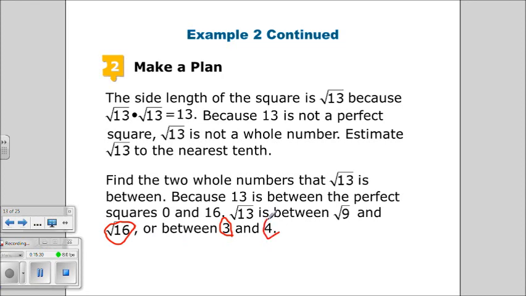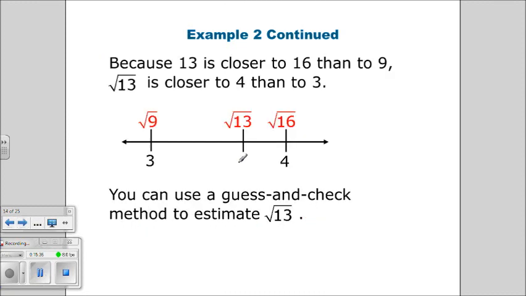So the square root of 13 is between 3 and 4. On the number line, we can say that 13 is closer to 16 than to 9. That's why the answer here says that the square root of 13 is closer to 4 than 3. And that's exactly what we have in this example.